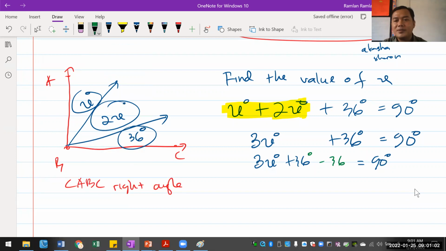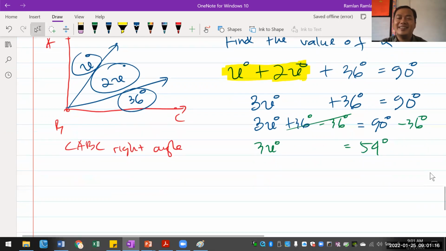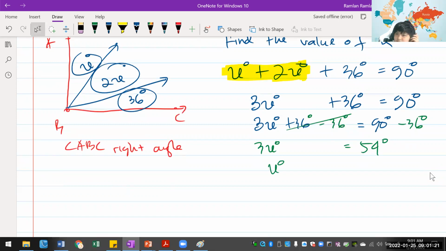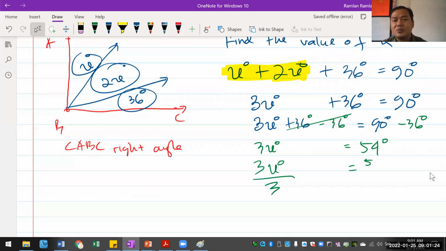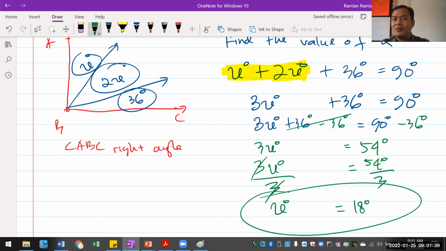Now, 90 minus 36 is around 54. If I'm not mistaken. Yes, you're not mistaken. Next, you just divide 54 by 3. Basically it should be like this. You cancel the 3 and you get the x. And what is 54 divided by 3? 18. And there you go, we have the value of x.